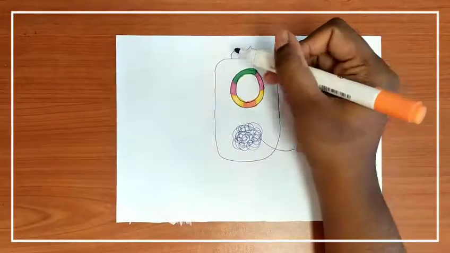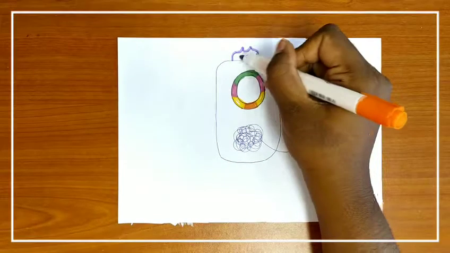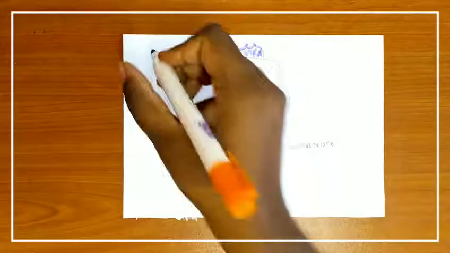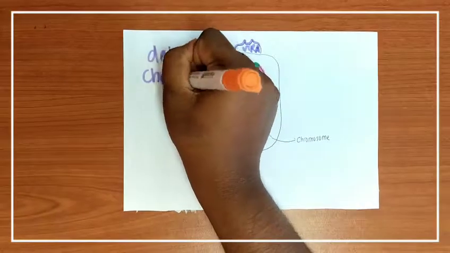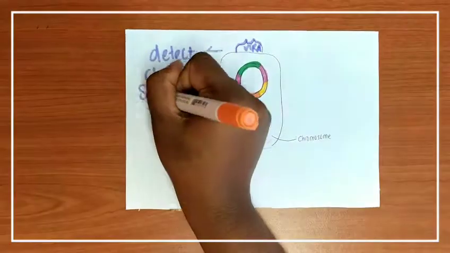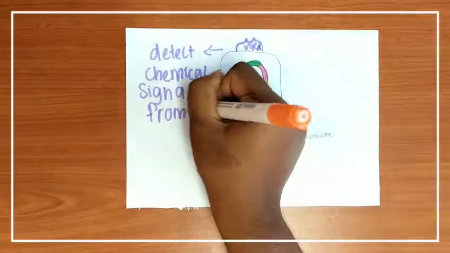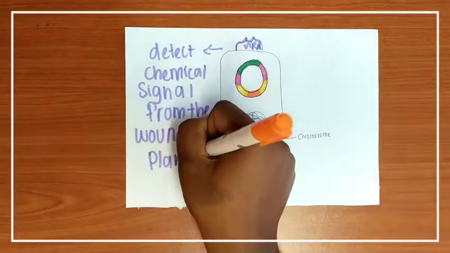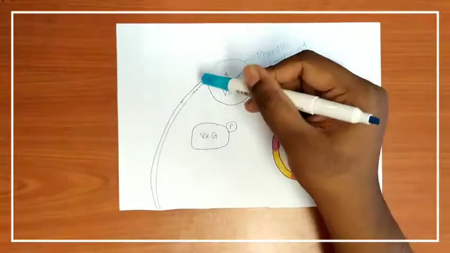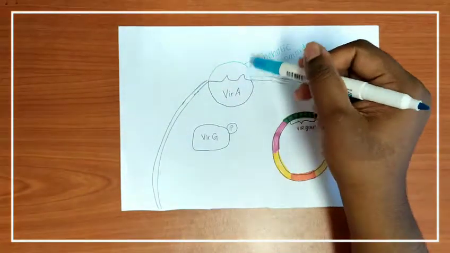In the cell envelope, a protein called VirA detects the chemical signal from the wounded plant. The phenolic compound released by the wounded plant will bind with VirA.